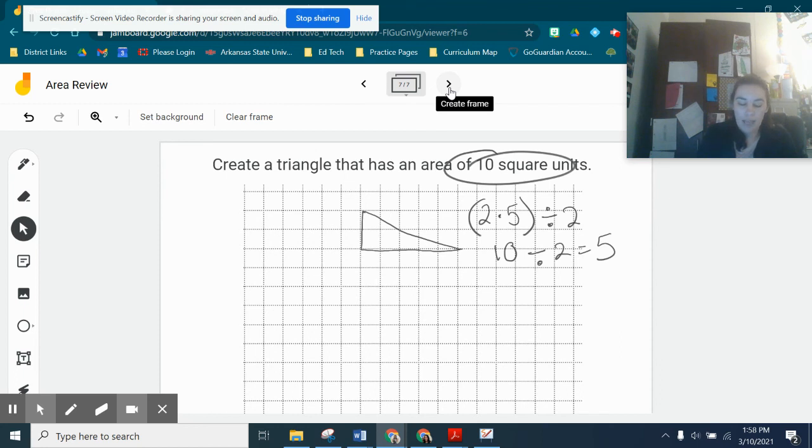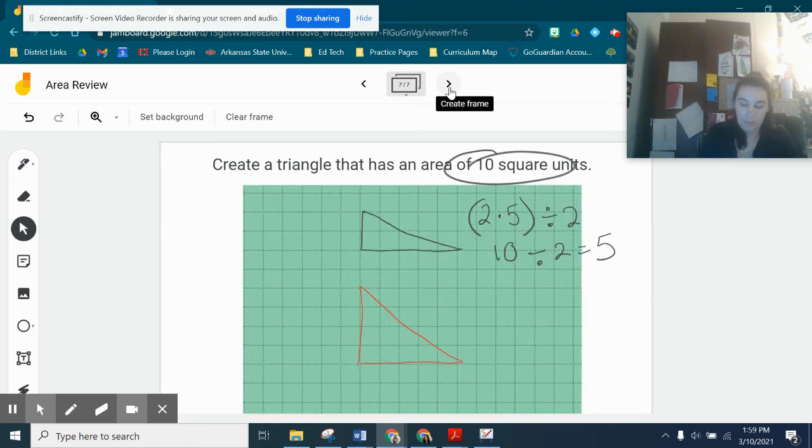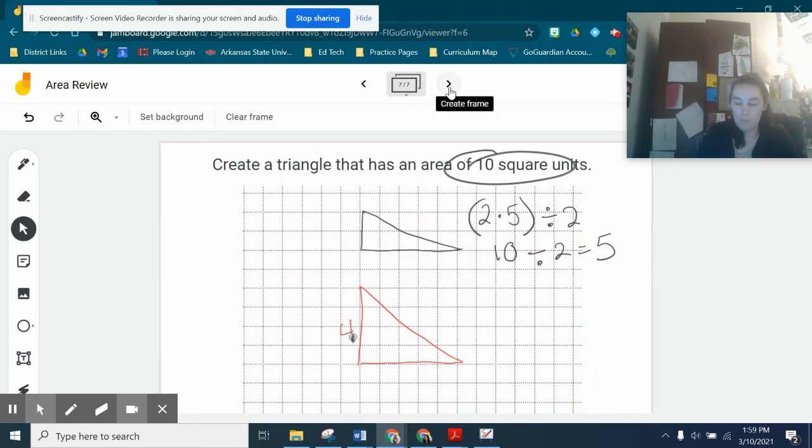Let me change colors. What if I did a 4 by 5? I moved it off its lines, there we go. A 4 by 5, I would do 4 times 5 divided by 2.